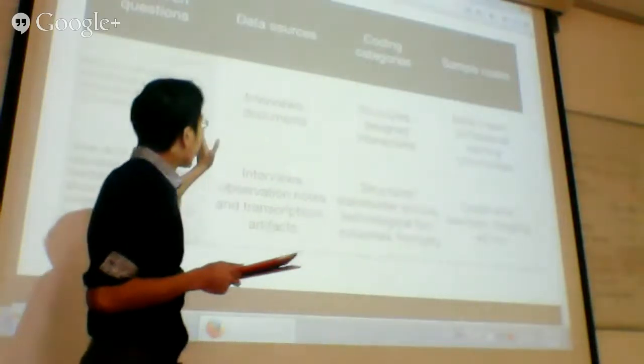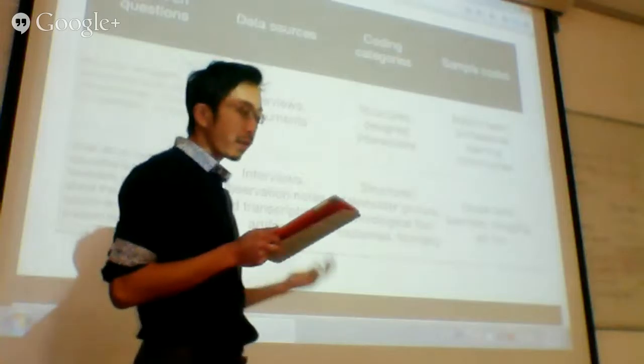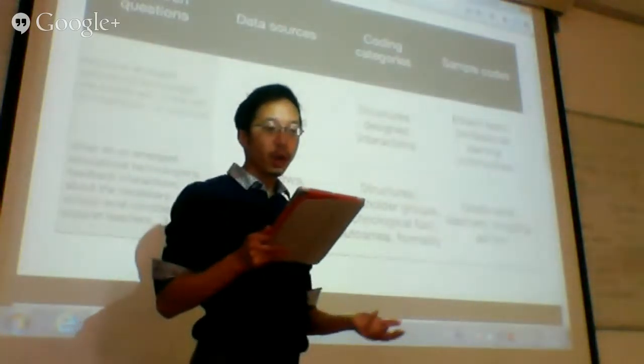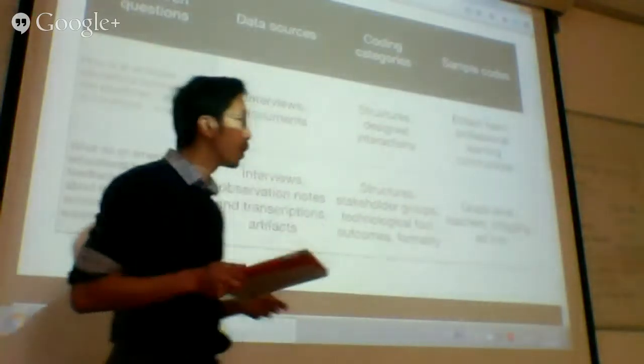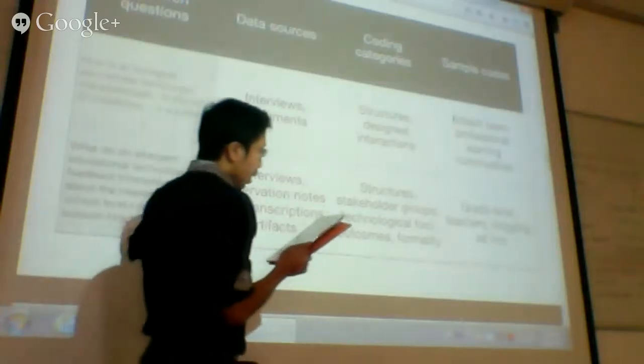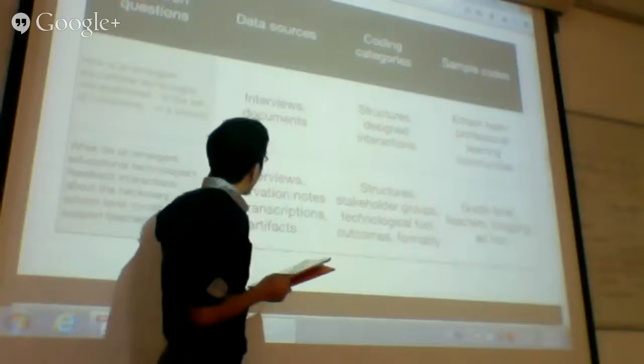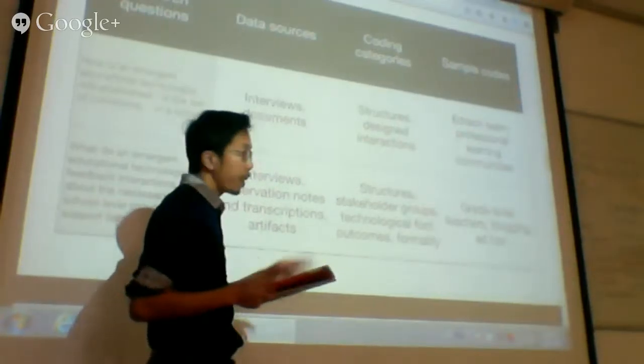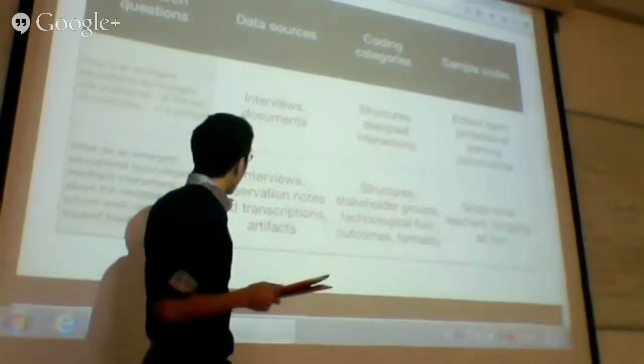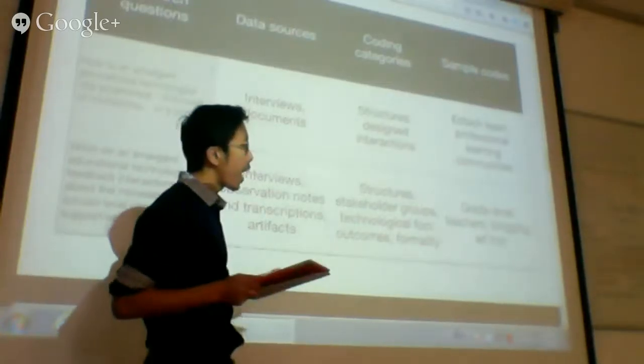And then in subsequent interviews, I asked follow-up questions about specific structures and design interactions that they mentioned in their initial interviews. So I used observations of design interactions. I made 2 site visits and I observed several interactions.